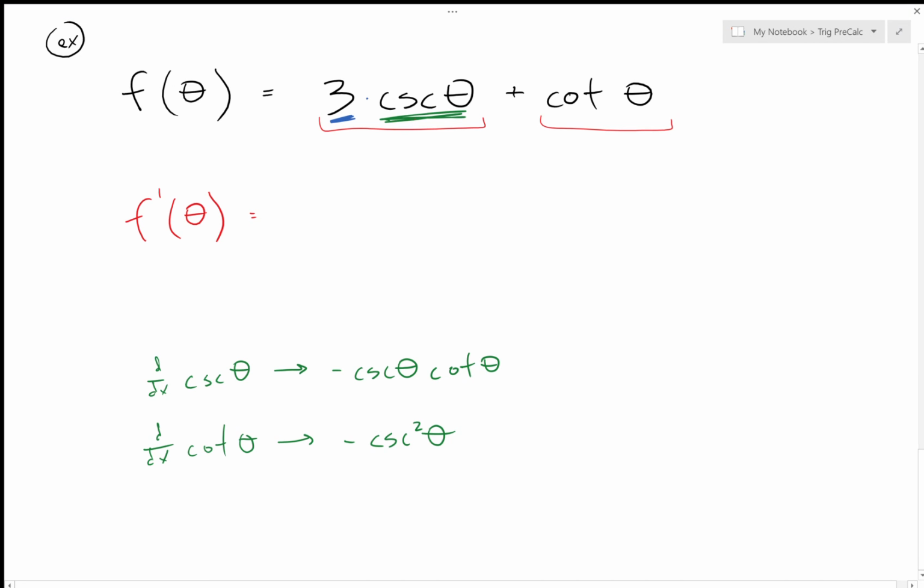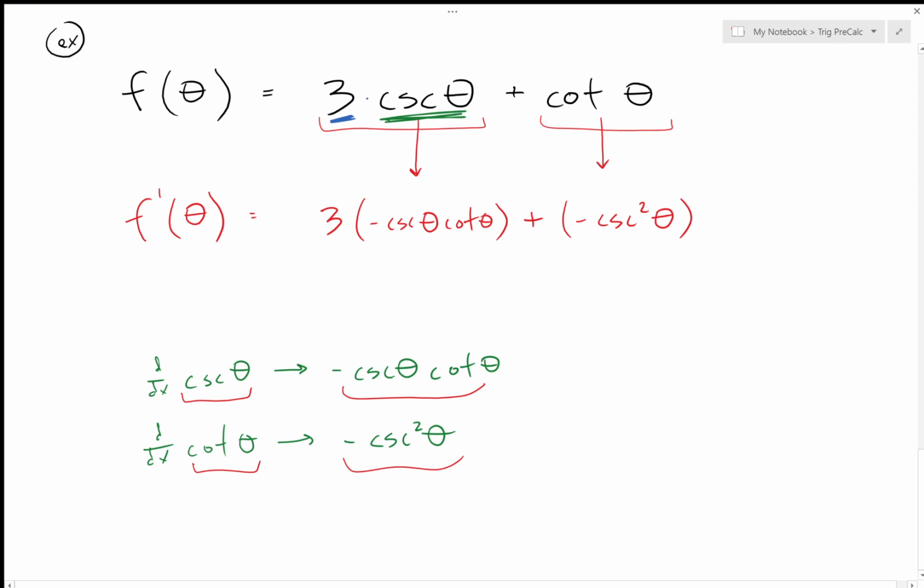Alright, so cosecant theta becomes negative cosecant theta cotangent theta, but in front of that still the 3, plus cotangent is going to become negative cosecant squared theta. You see how I just replaced this with this and that with that?